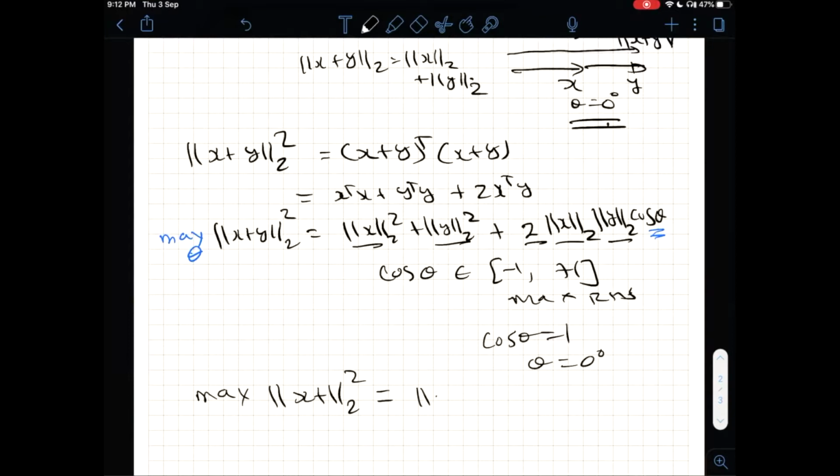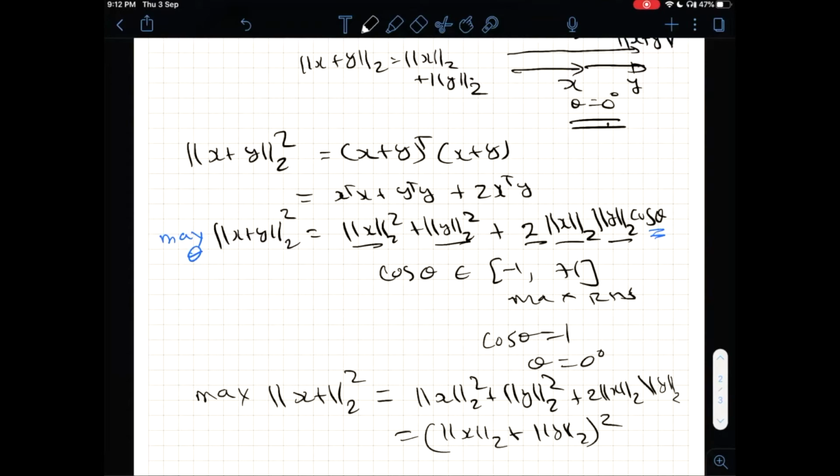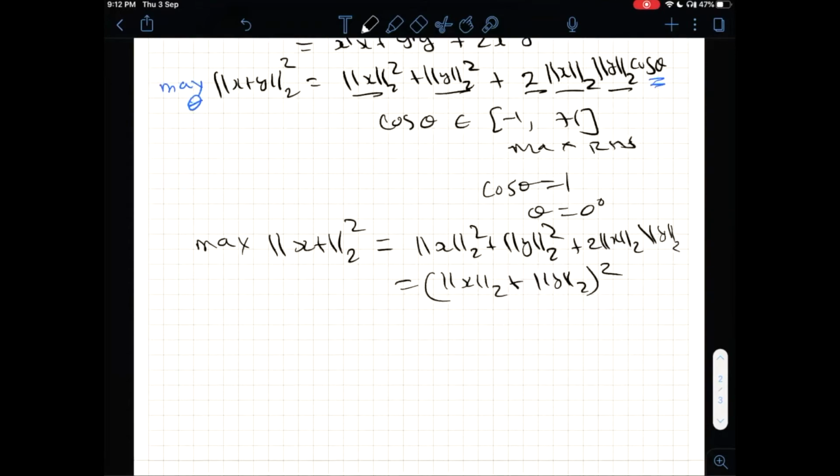So the right hand side becomes norm of x squared plus norm of y squared plus 2 times norm of x, norm of y, which is nothing but the second norm of x plus the second norm of y, whole squared. So therefore, we get that the maximum value of the norm of x plus y is norm of x plus norm of y.